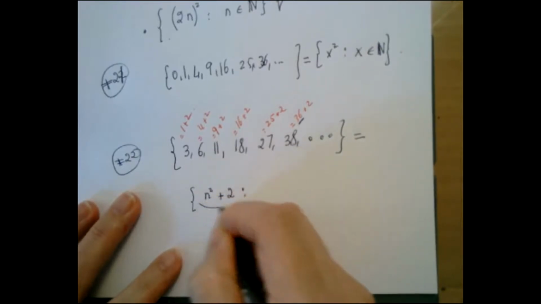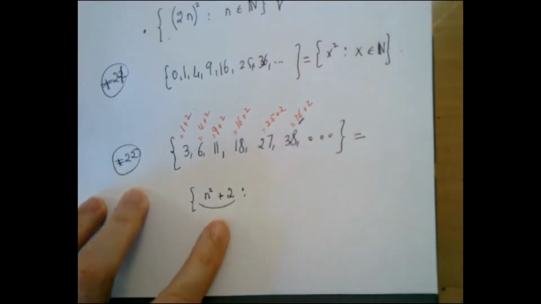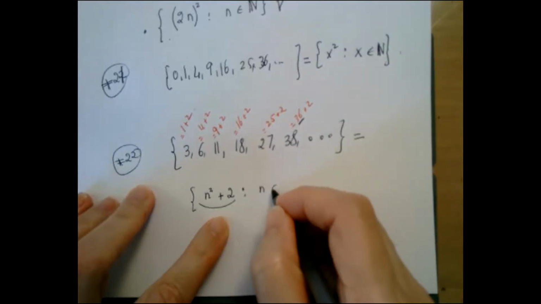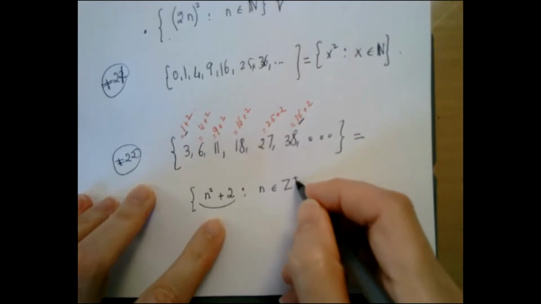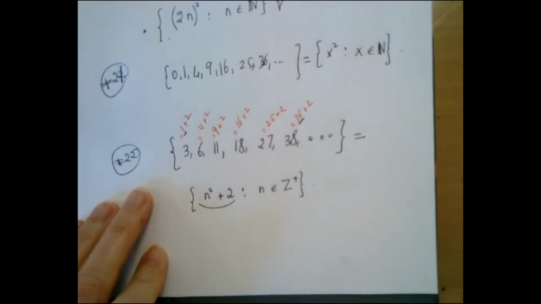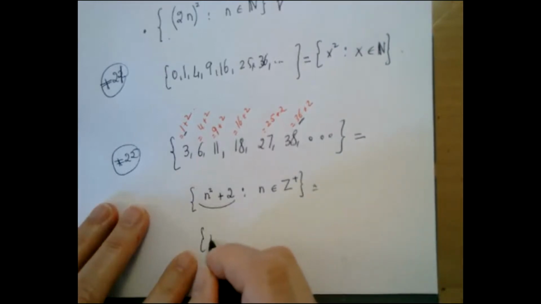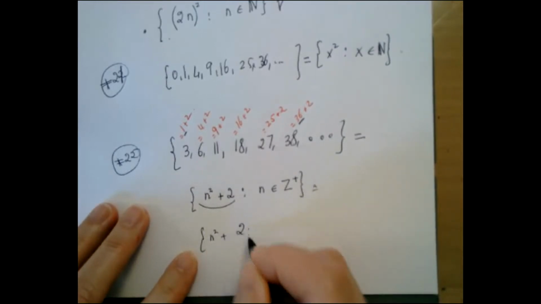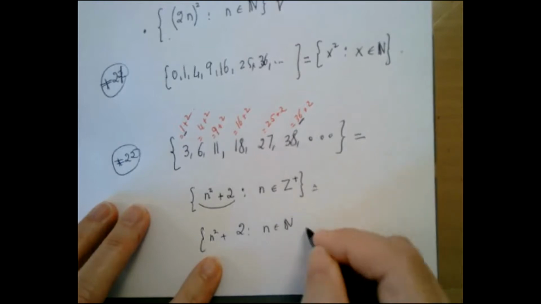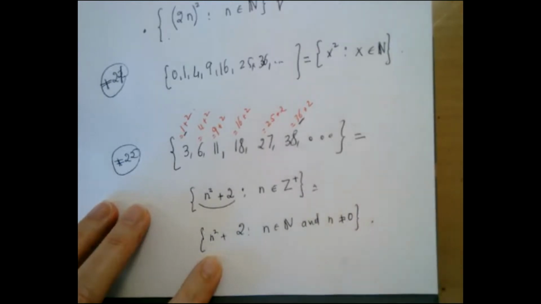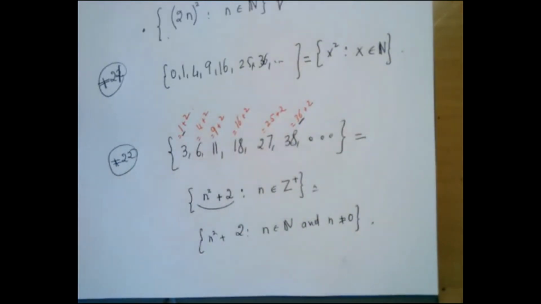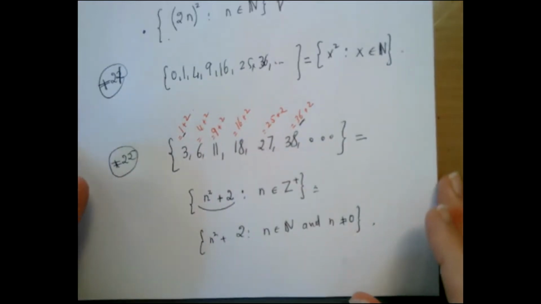So that's the form of the expression, such that, what is my n, my variable here? Because I'm starting at 1, it is in Z plus. Or if you want, it doesn't really matter, you can put n squared plus 2, n in N, and n different from 0. Any other questions before we move on?